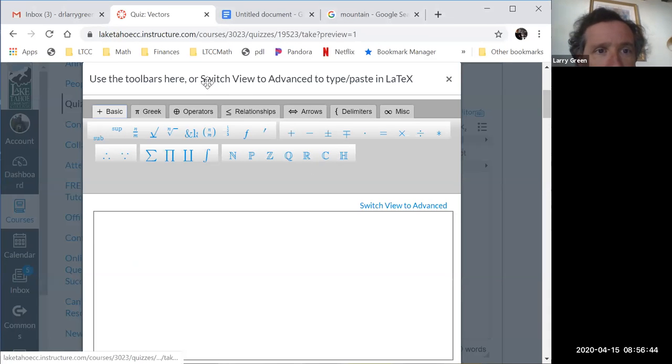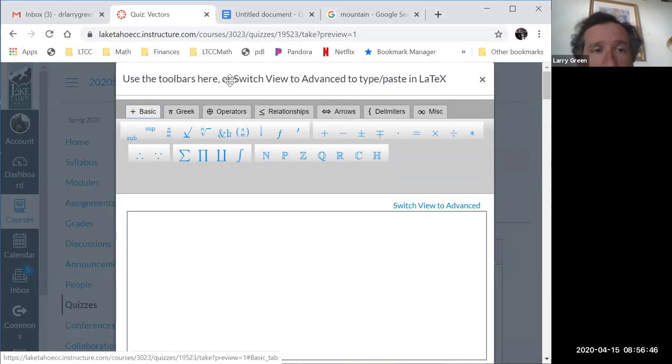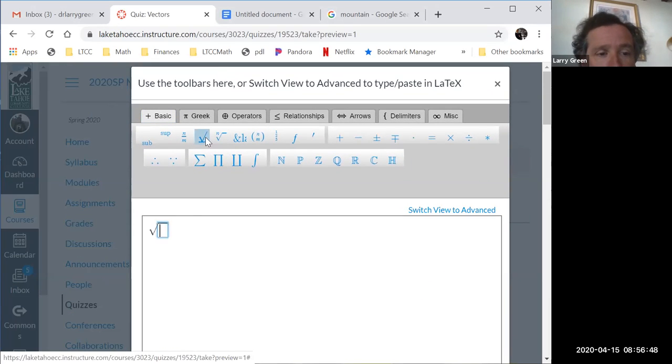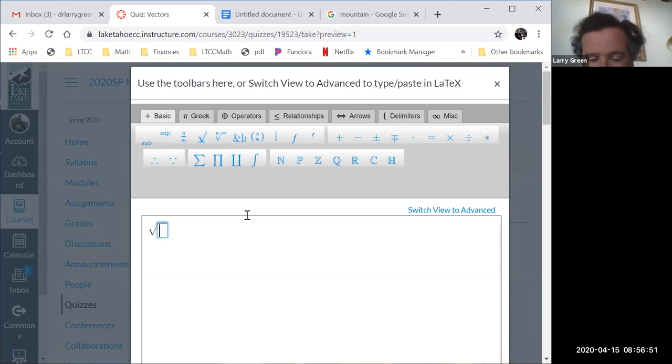So v, by the way, again, was -2, 3. So we take the square root of -2 squared plus 3 squared.